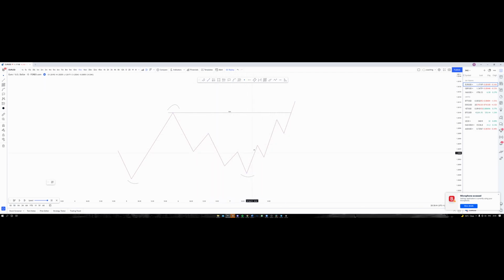Now within this leg we have a couple of different types of structure as well. We have substructure here. This is a low that hasn't broken anything to the left, nothing in this leg, so this is just a substructural break. Then we get this, which is a minor structure break, because this is part of a previous leg of price.